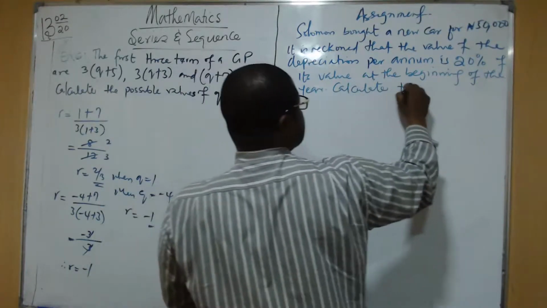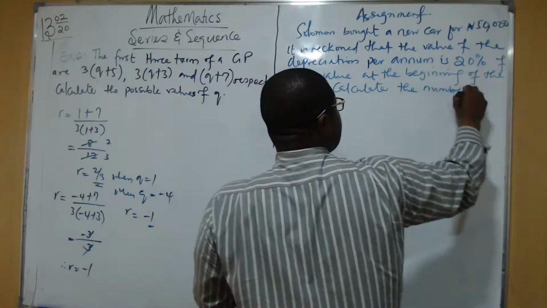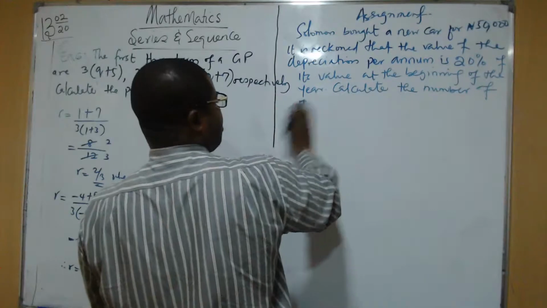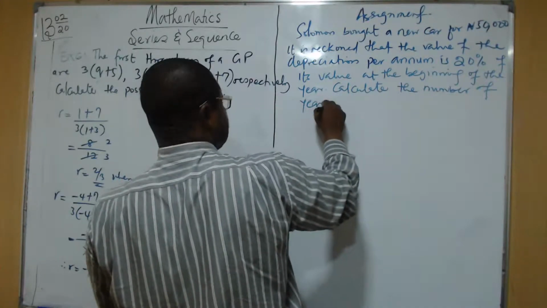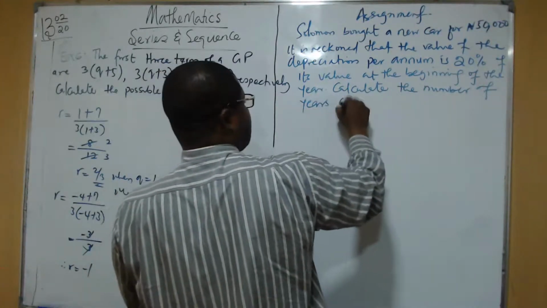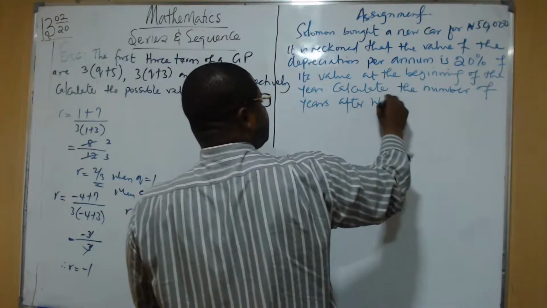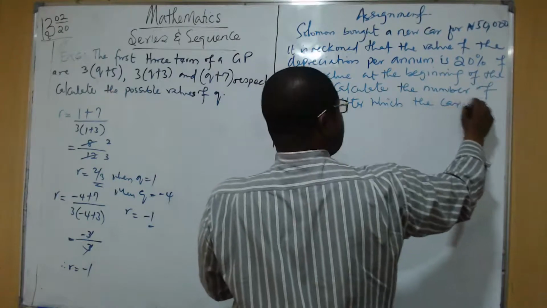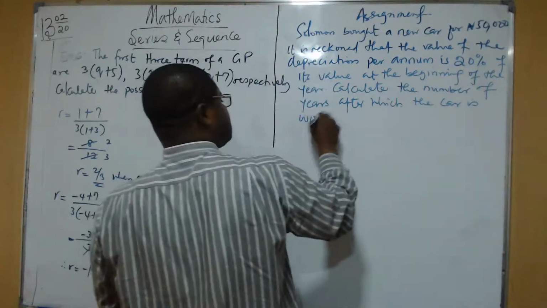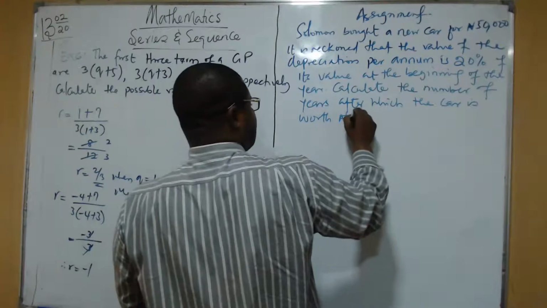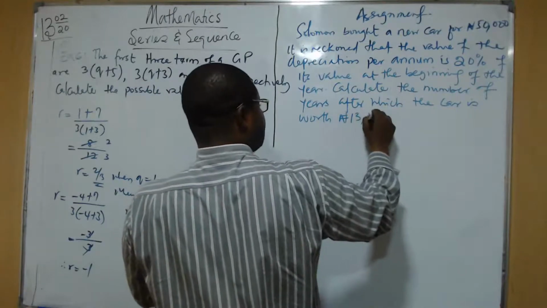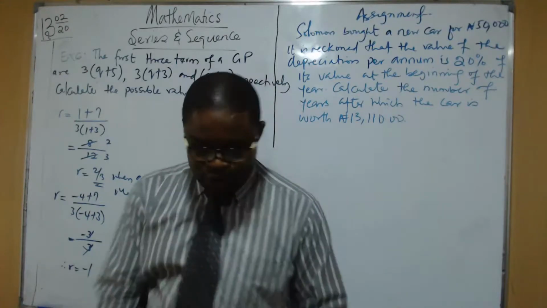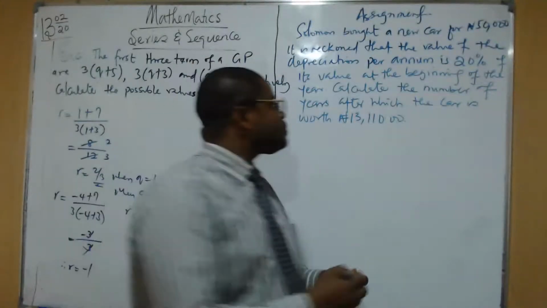Calculate the number of years after which the car is worth 13,110 naira. Now the question does not tell us whether it is an AP or a GP.